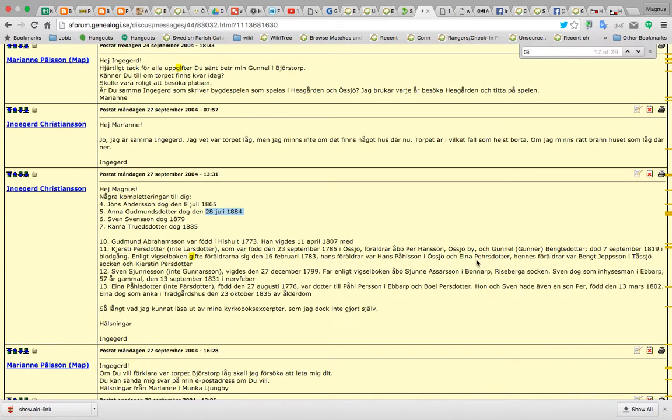So she has here parents Åbo Per Hansson Örseby and Gunnel Bengtsdotter, who died 1890 i blodgång, and that's some blood something, I don't know what it is in Swedish. In the marriage book, the parents married 16 February 1783. His parent was Hans Paulsson i Örsjö and Eina Persdotter. Her parent was Bengt Jepsen i Torsjö.